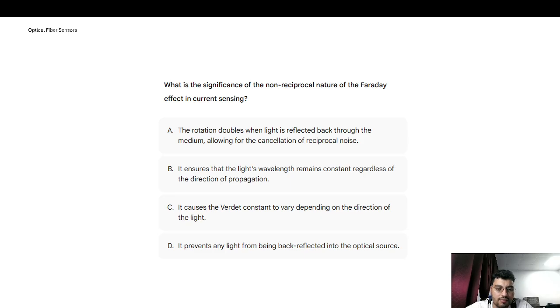C, it causes the Verdet constant to vary depending on the direction of the light. And option D, it prevents any light from being back reflected into the optical source. Which is correct here? The reflection one we have discussed already.